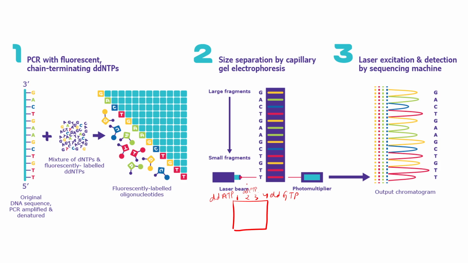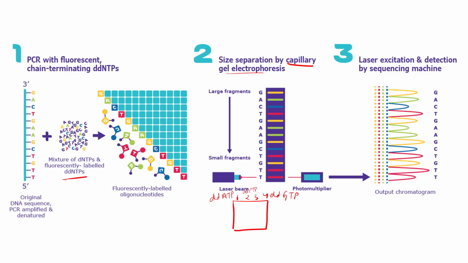But nowadays we generally use capillary gel electrophoresis, where each of these DD-NTPs is fluorescently labeled. Wherever the termination is happening, if the termination is happening at A, that will give one particular color.